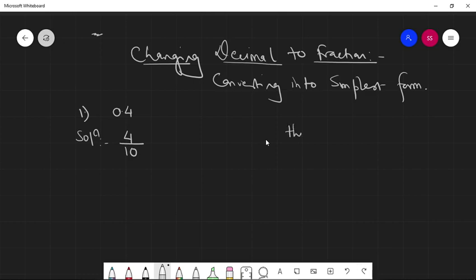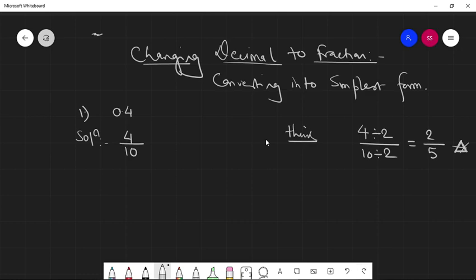Then you have to choose a number by which both numbers are divisible. I mean, 4 is divisible by 2 and 10 is also divisible by 2. If we divide 4 by 2, it will be 2, and 10 by 2 it will be 5, and we can't go further.